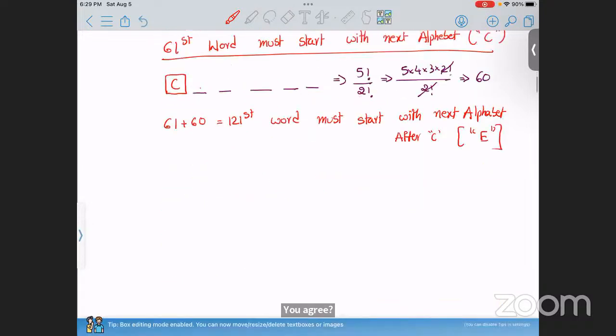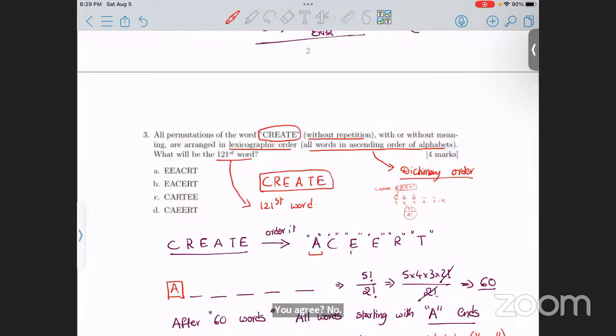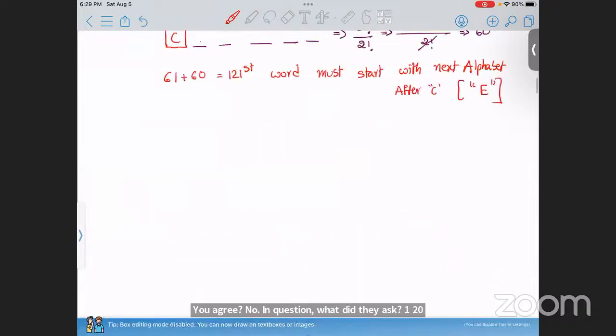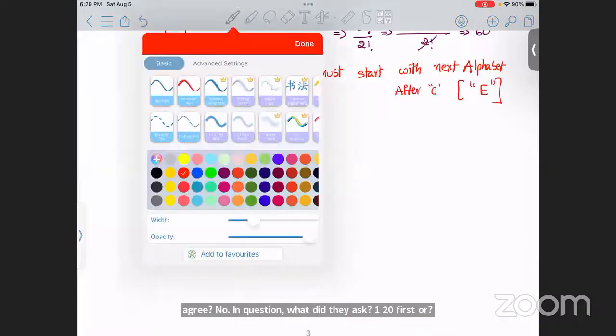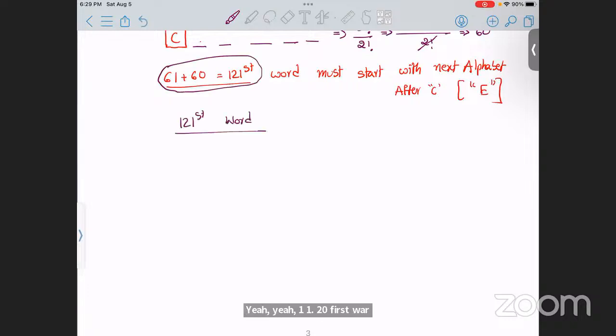Now, in the question, what did they ask? The 121st word. So we achieved it. The 121st word must start with E.